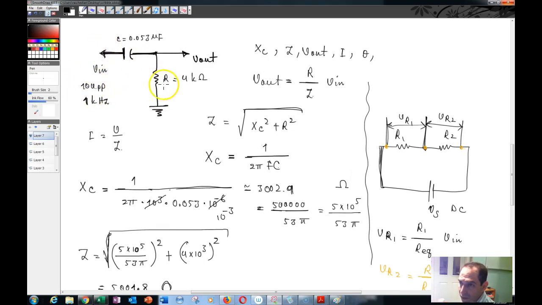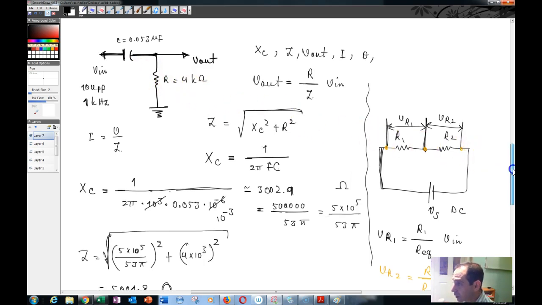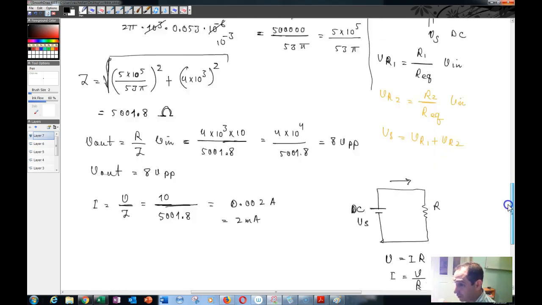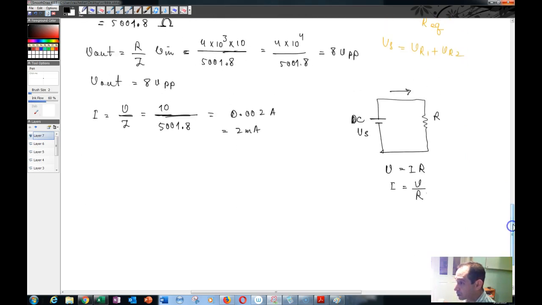There is some sort of phase difference between these two voltages. And in these kinds of circuits, let me show you what I mean by this. This is important.